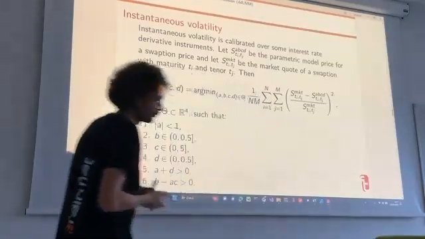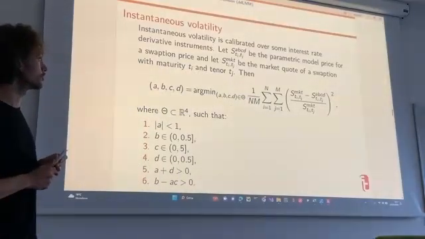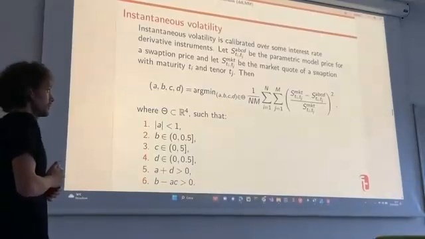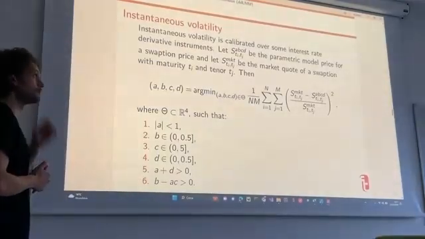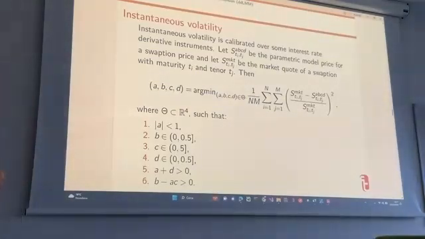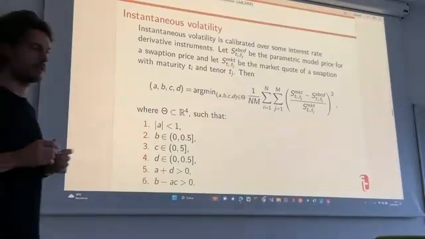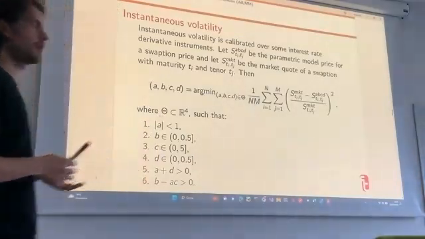And then what we need to do is to get the A, B, C, and D, which are our parameters for calculation. To get this, we observe some derivatives quoted in the market, let's say swaptions in this case.